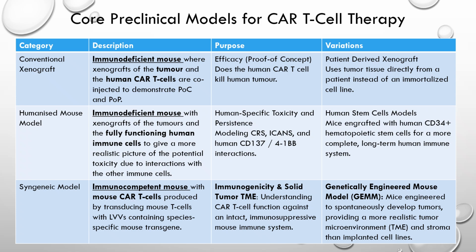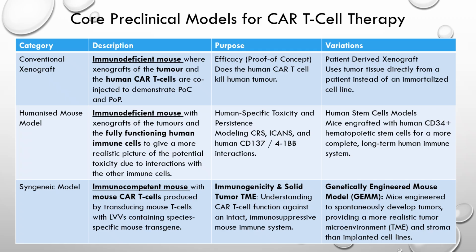So the first one is where we have this immunodeficient mouse, so it could be an NSG mouse, and you have xenografts of the tumor and the human CAR T cells, co-injected into the mouse. Because the mouse is immunodeficient, it doesn't have its own immune system, you're not going to get that rejection. And this is just to demonstrate the proof of concept or the proof of principle.